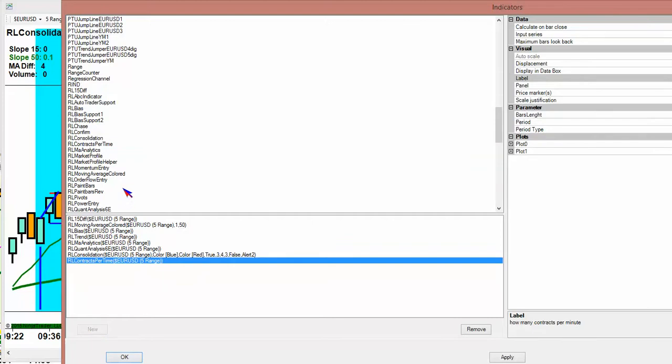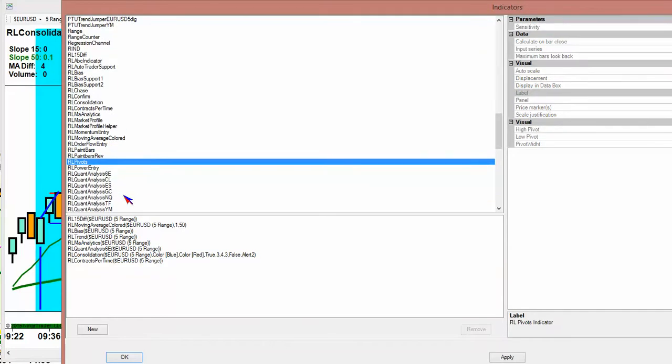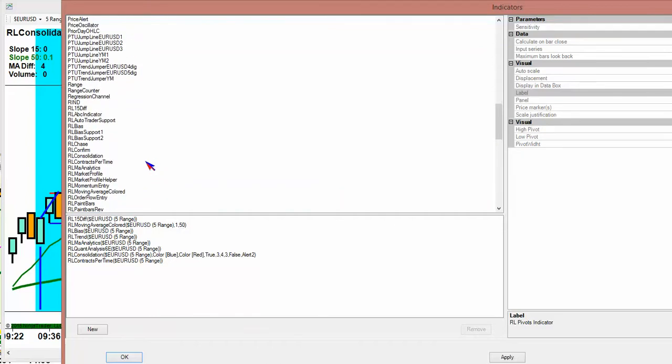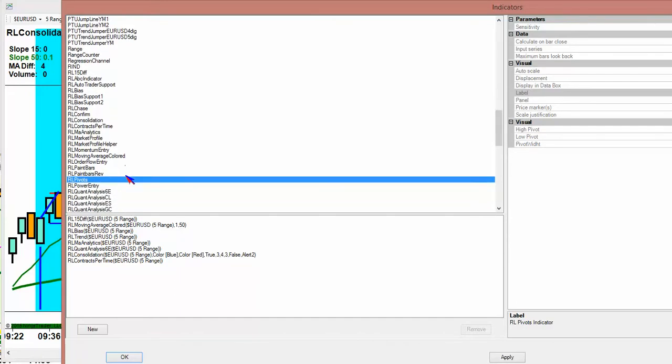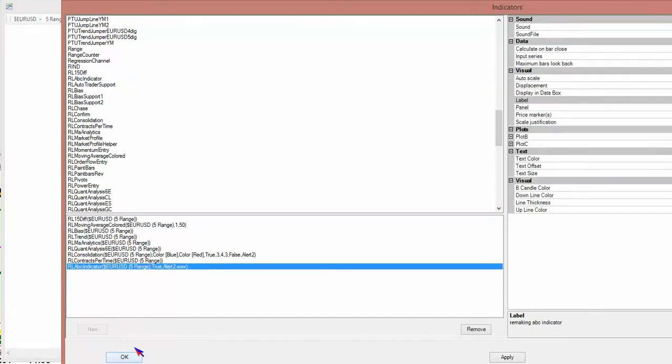Contracts per time. So we have a lot of indicators we don't use because we did not find that they increased the predictive value that we trade with. And what I'm going to do is I'm going to put in the ABC indicator. If I can find it. Here it is. ABC indicator. Now let's add these two in.